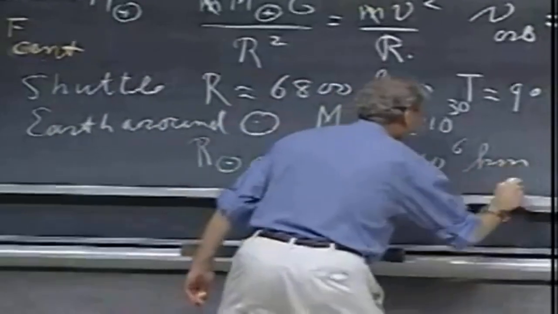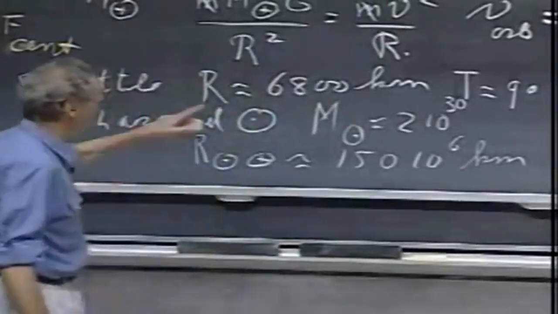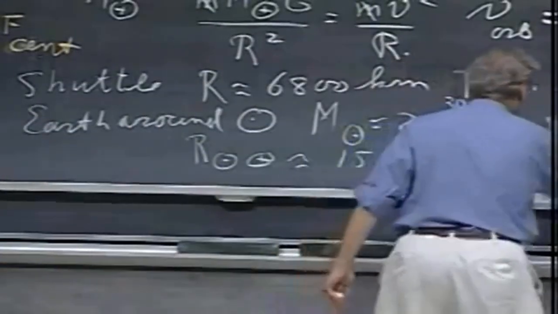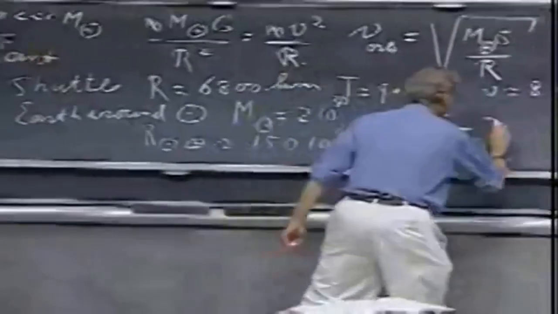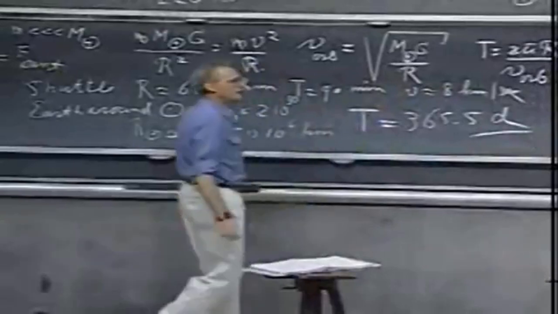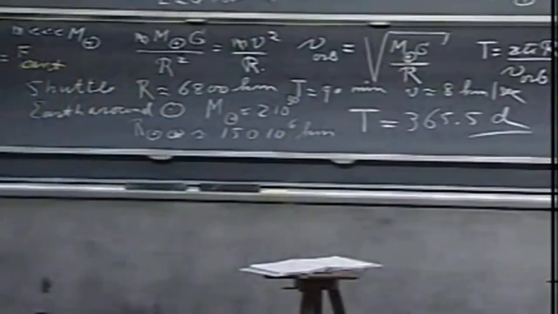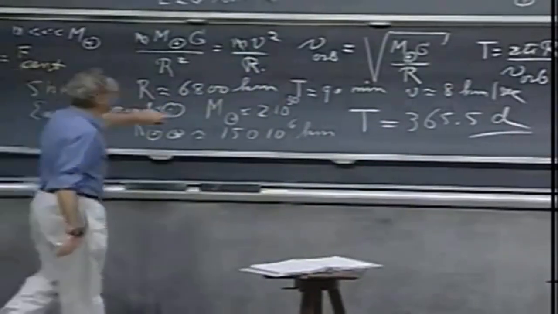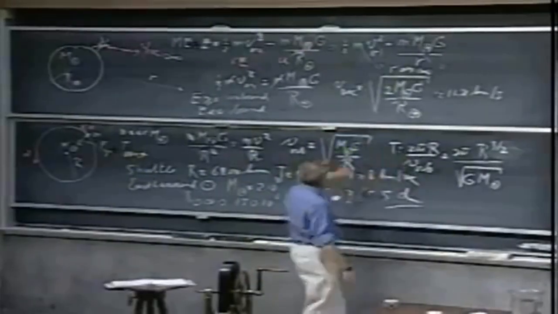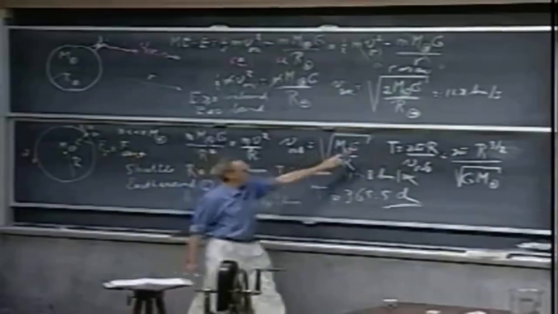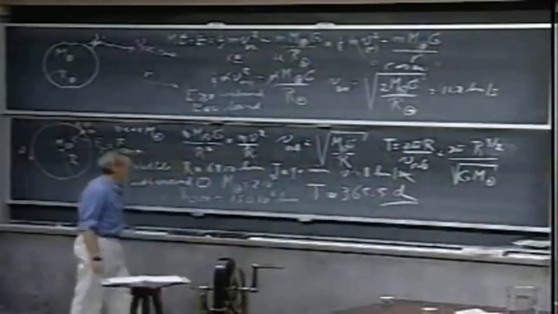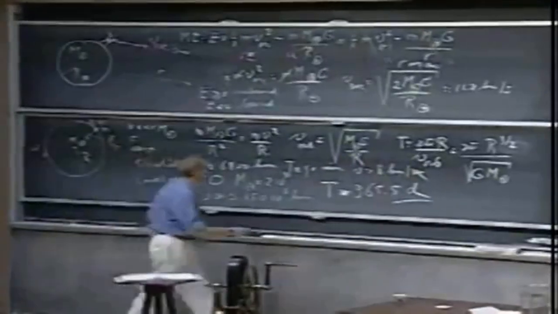Forgive me for mixing up meters with kilometers, but you have to convert that, of course, to meters. And when you calculate how long it takes the Earth to go around the Sun, no surprise, you'll find 365.5 days. So there's simply substitution of these two quantities in the equations that I have here. The velocity of the Earth in orbit is about 30 kilometers per second.